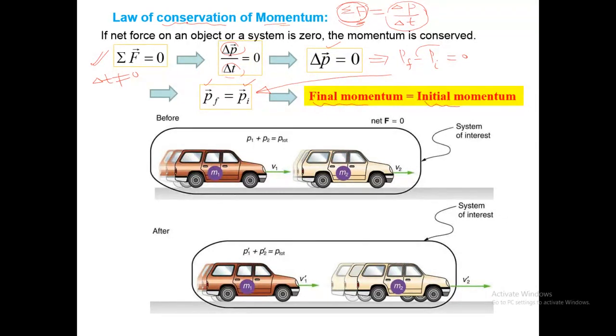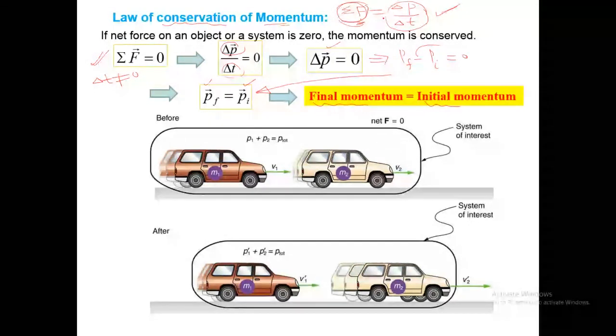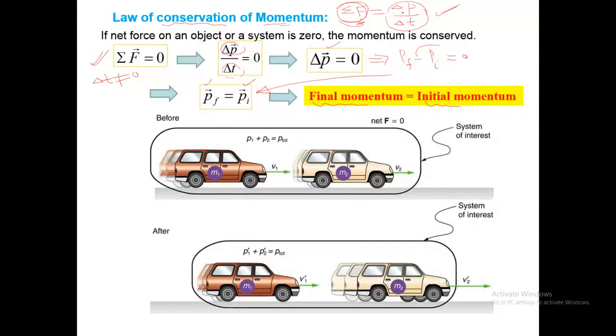Again, we studied on the last page that Newton's second law of motion says net force is equal to delta P, change in momentum, over time. If the net force is 0, it means delta P over delta T will be 0.